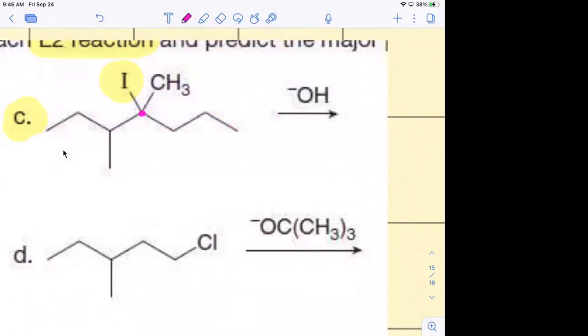How many adjacent carbons are there to that with hydrogens on them? 2. So you're saying this one and this one? Yes. What about this one? Yes. Isn't that also alpha? Yes. It's next door, right? So you actually have 3 alpha sites here.